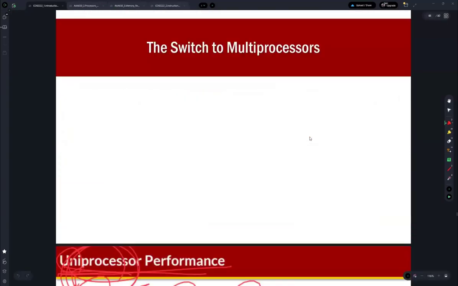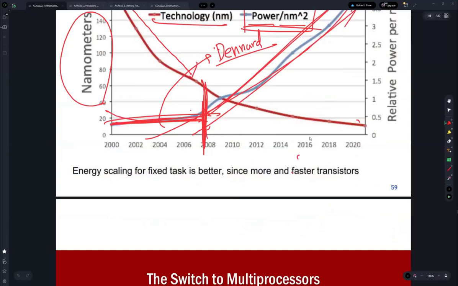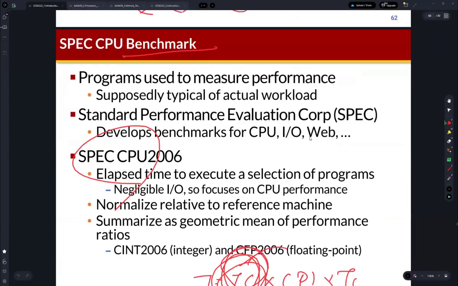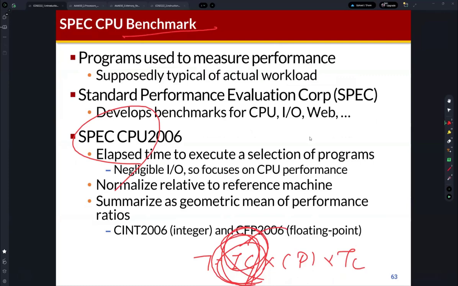Okay, so we learned about the end of Dennard scaling and why the architecture changed to the multi-core architecture. And then we learned about the benchmark. A benchmark is an application that is used for measuring the performance of a computer system.